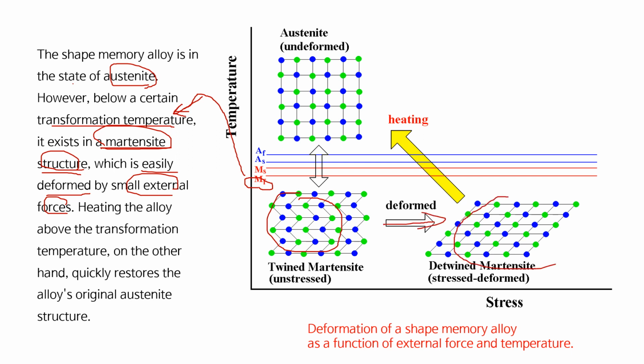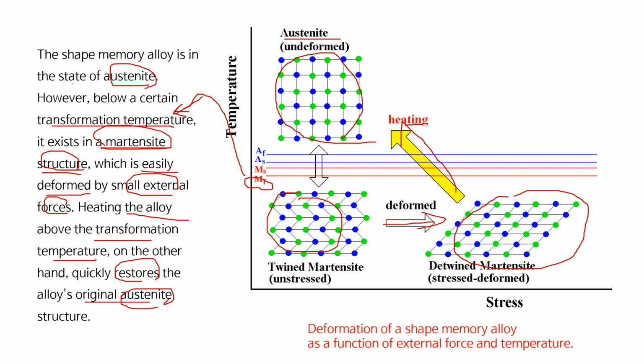So as we have the twinned martensite state, then heating the alloy above the transformation temperature, on the other hand, quickly restores the alloy's original austenite structure. So if we heat up, the alloy returns back to its original austenite structure.